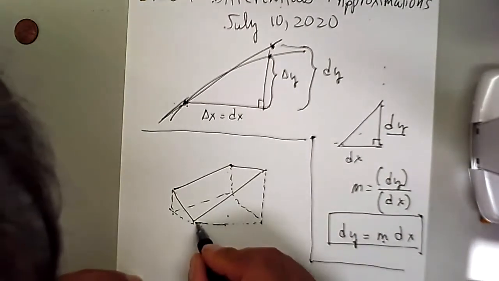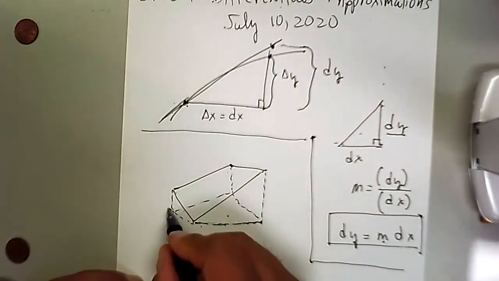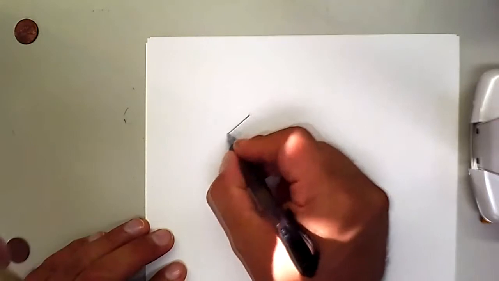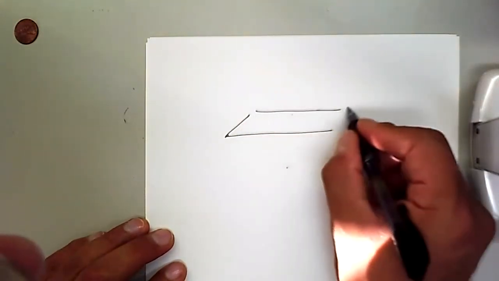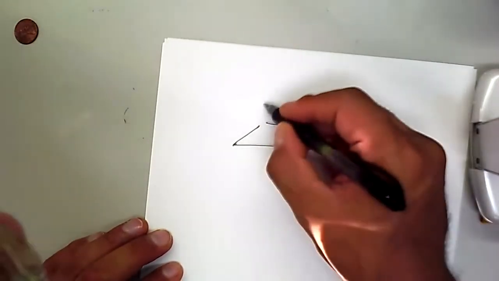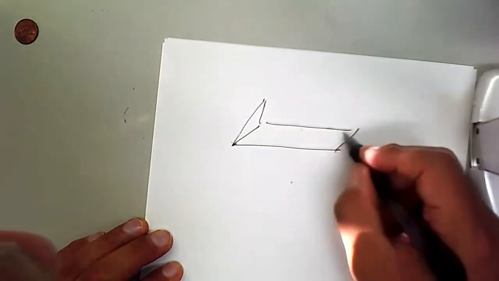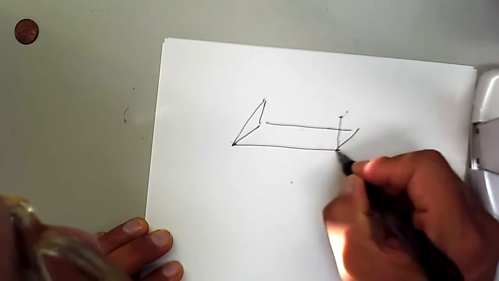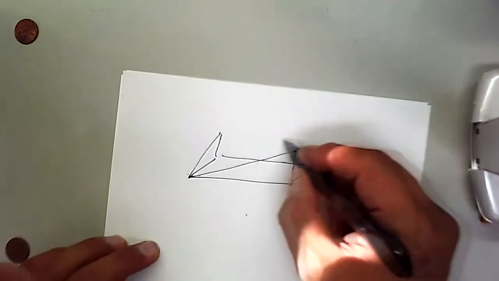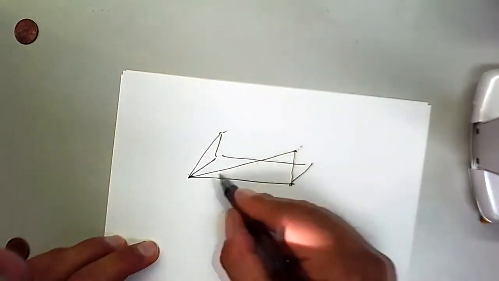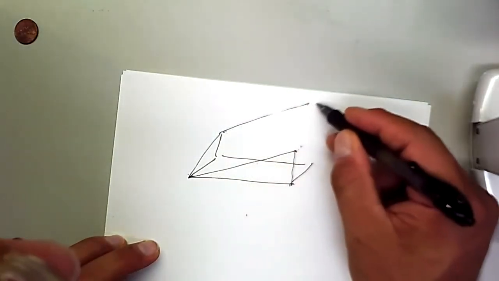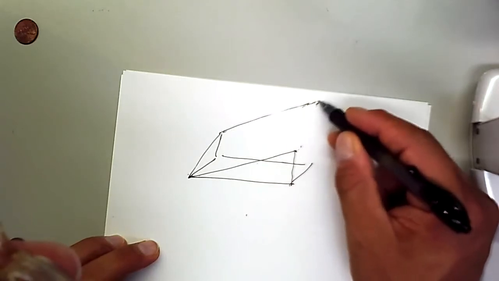I should probably start with a new picture. So again, the bottom is rectangular. So this is my domain. And on top of that, there's going to be a plane. This is going to be way better, this picture, I think. And then we're going to do a parallel to this and a parallel to that. It should match perfectly.